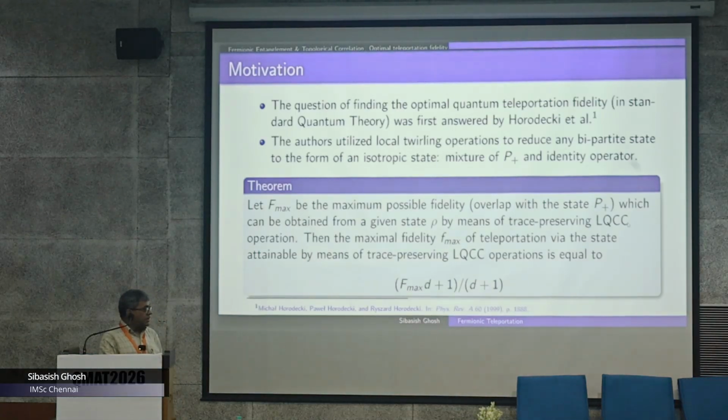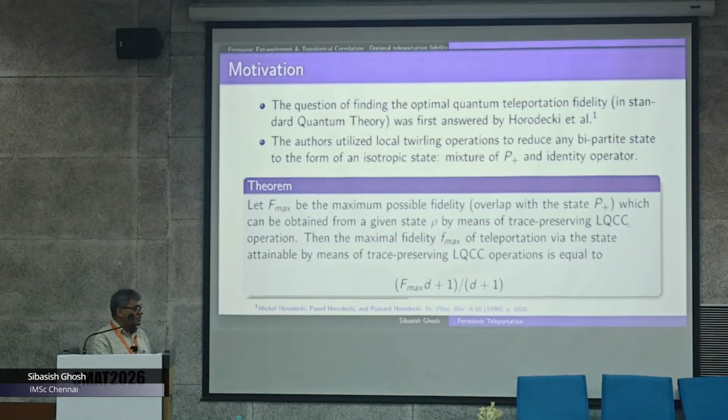Back in 1999, the Horodecki family, who are quite famous in quantum information parlance, showed that if you have a bipartite state between the sender and receiver, and that state has some amount of entanglement, then what is the best teleportation fidelity that one can achieve? And that best teleportation fidelity is given by this quantity for a d-dimensional system.